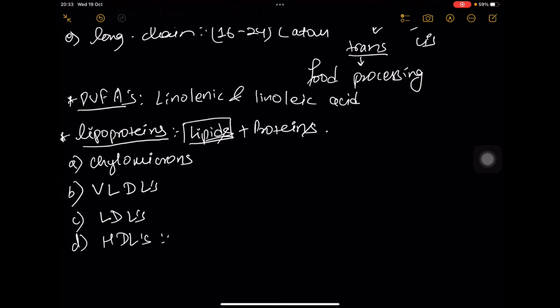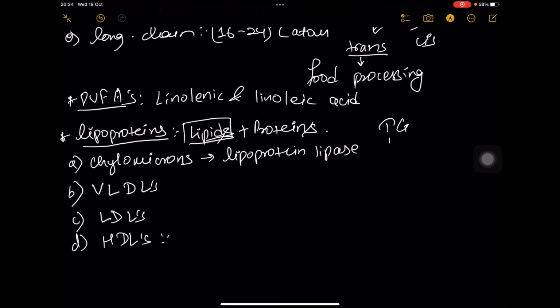Chylomicrons are synthesized in the intestine and they transport exogenous triglycerides to various tissues. Exogenous triglycerides mean the triglycerides which we consume through our diet. Another work of theirs is to activate lipoprotein lipase. What does this lipoprotein lipase do?